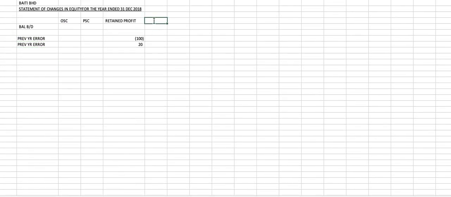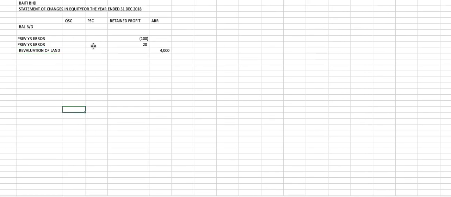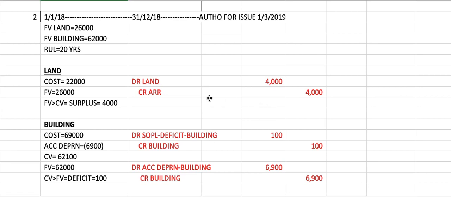So you need to have one column for ARR, 4,000. So this is a revaluation of land, revaluation of land 4,000. Okay, so that's done.